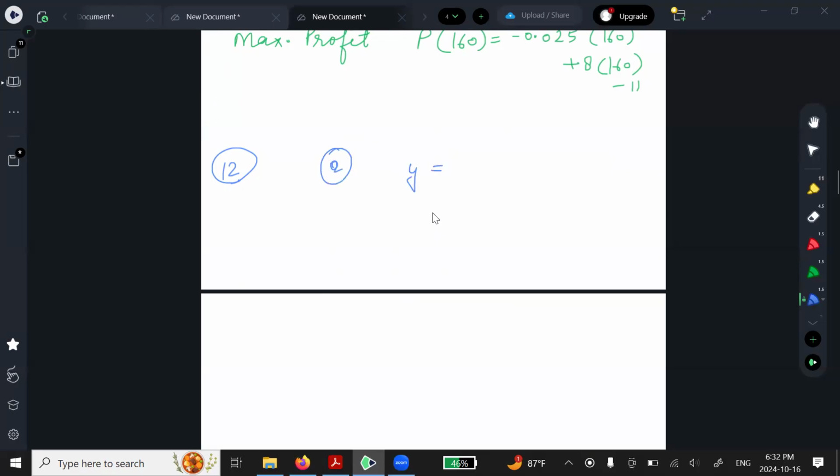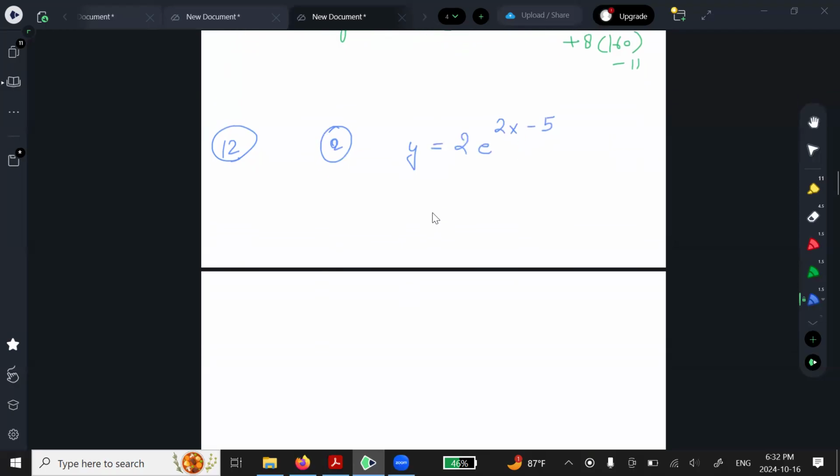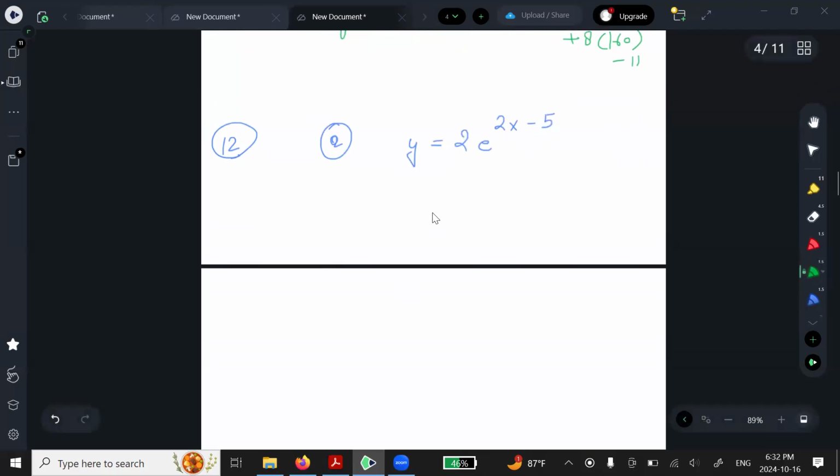So y equals 2e to the power 2x minus 5. Okay, what is y prime? No, you need the chain rule, and then multiply by 2. Simplify before you go ahead and do the second derivative, okay?